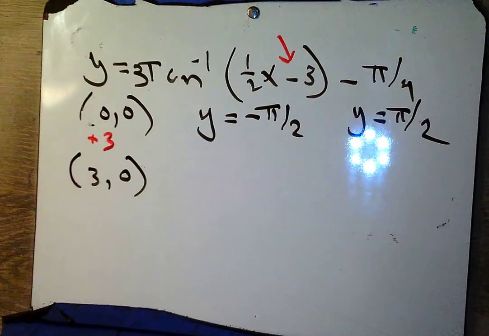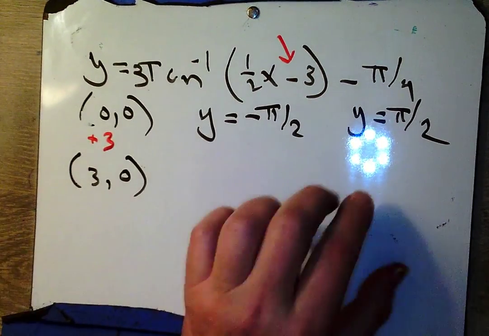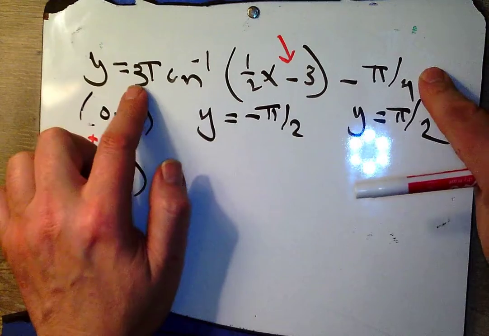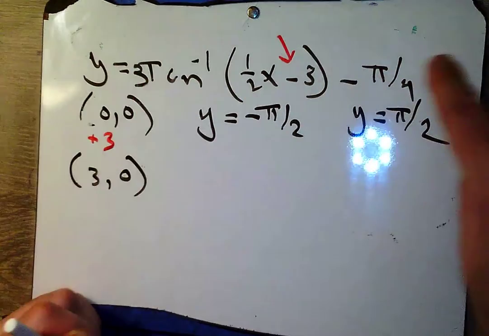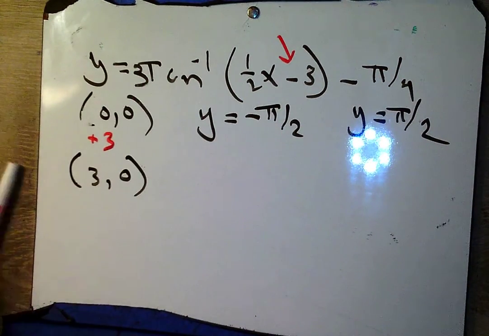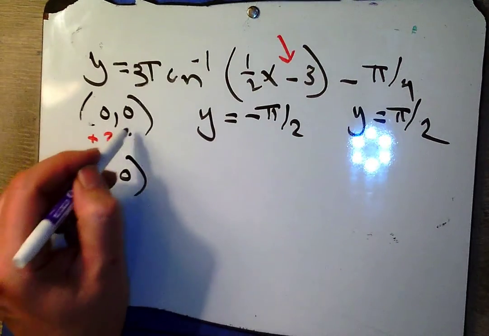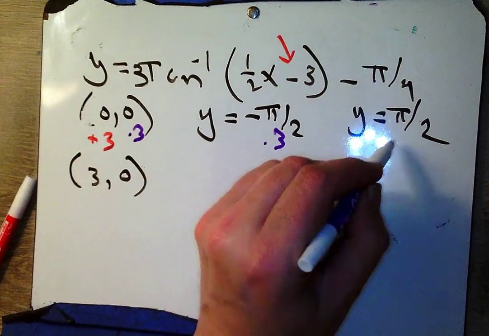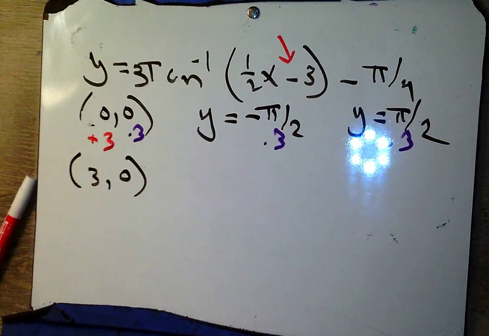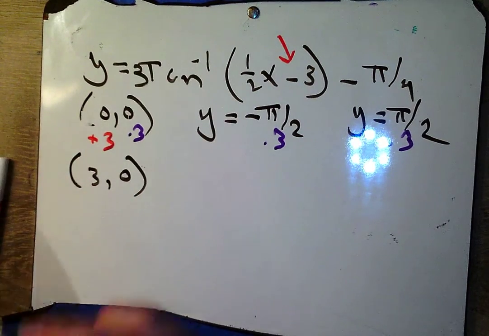Okay. Not much going on there. 3, 0. But we've also got these two y transformations. And I know that multiplying comes before subtracting. So let's multiply all the y's by 3. So this is still going to stay 0.